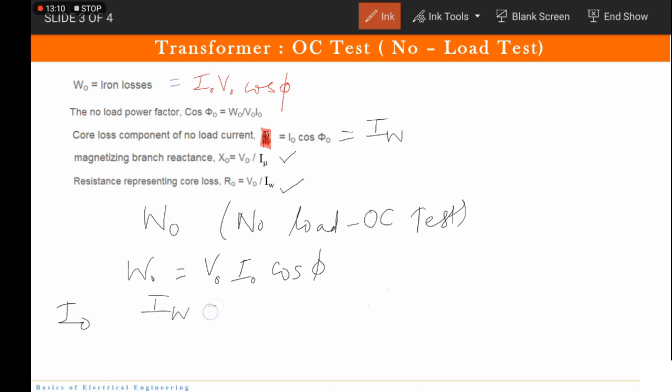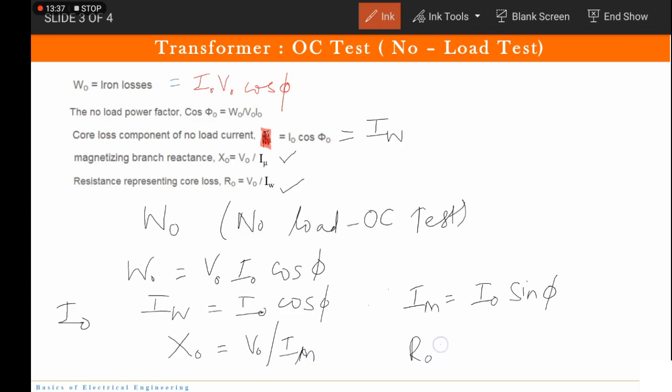The working component is given by I0 cos phi. The magnetizing component is given by I0 sin phi. Then you have the magnetizing branch reactance, which is given by the voltage upon the current. Similarly, you have the resistance, which is given by the voltage divided by the corresponding current. Now we can interchangeably use Im or I mu. They are the same.